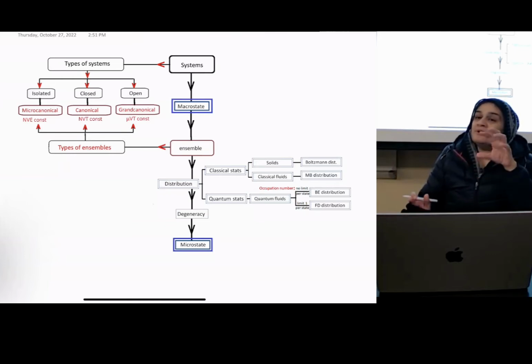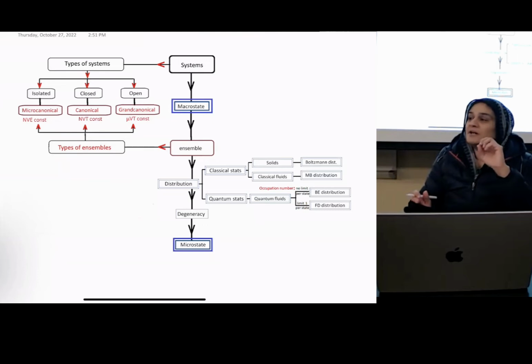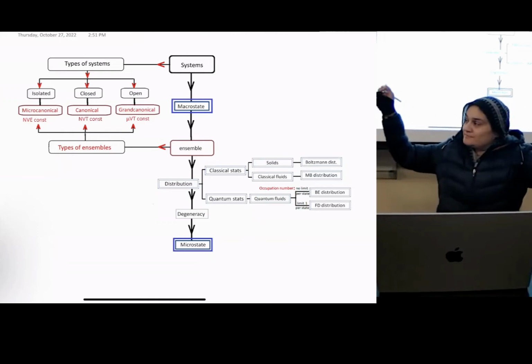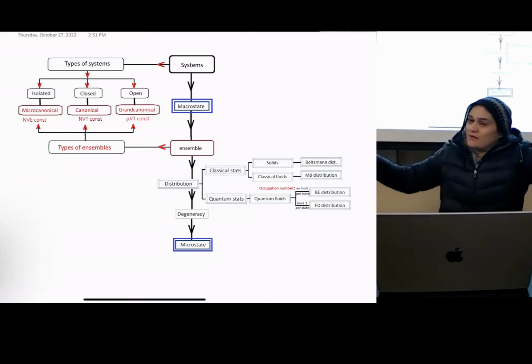So chapter 11, as we are dealing with, focuses on the rib cage of this picture. So it'll start with systems, the microstates, the ensemble, the distributions, the degeneracy, and the microstates. And then we're going to go towards its wings. We're going to follow the wings into other things.